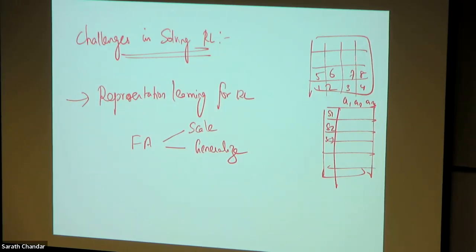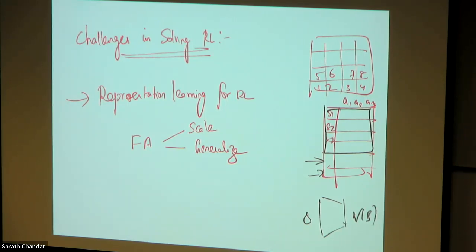Now, if you take the tabular approach, for example, let's say you have seen all these states, but you have never seen these 2 states. There is no way in which you can have an estimate of the value for these states in the tabular approach. Okay. On the other hand, let's say you have a neural network which takes a state and tries to learn the value of the state.